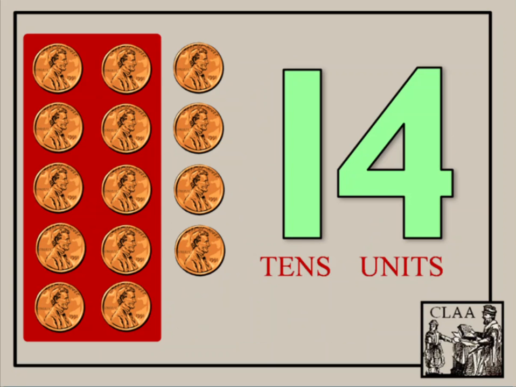We can see on this screen that the number 14 is made up of one set of 10 and 4 units. We write 1 ten and 4 units, and we get the number 14.